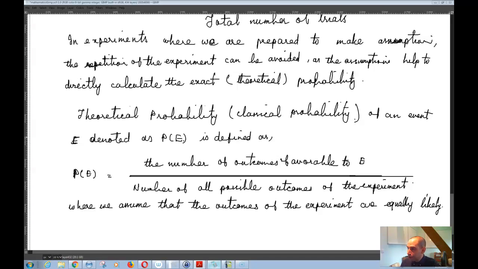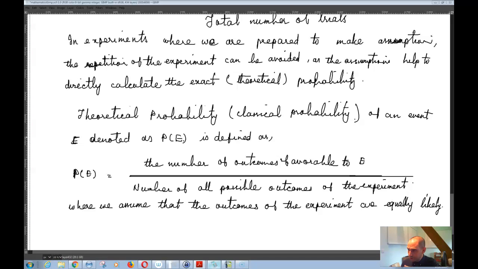So probability theory had its origin in the 16th century when an Italian physician and mathematician J. Cardan wrote the first book on the subject of probability, and the book was called the Book on Games of Chance. Now, since its inception, the study of probability has attracted the attention of great mathematicians.